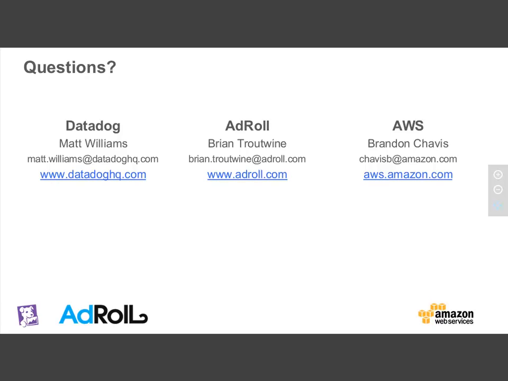I got a question. How exactly do you use CloudWatch metrics? And follow up, can you please compare CloudWatch to other event collection systems? At AdRoll, at least in the bidder team, and I can't speak for other teams very accurately, we use CloudWatch mediated through Datadog.